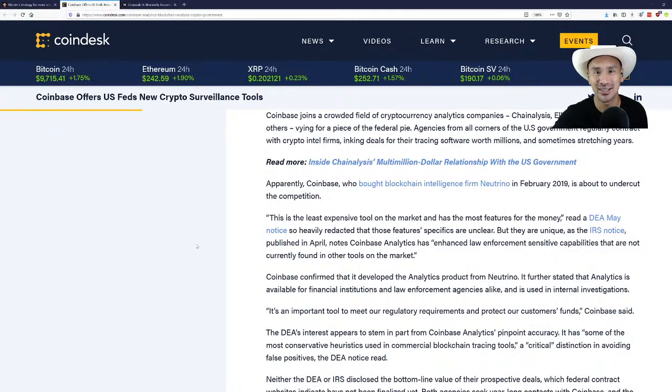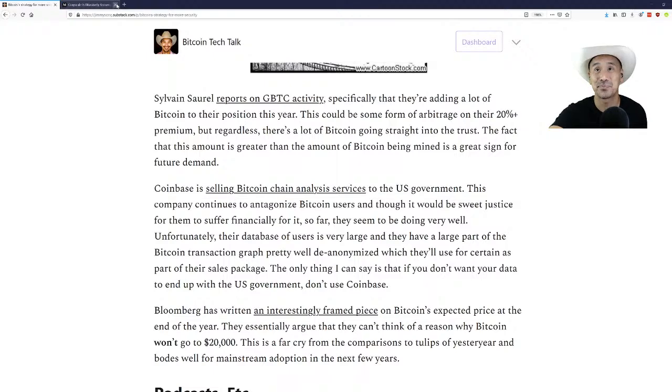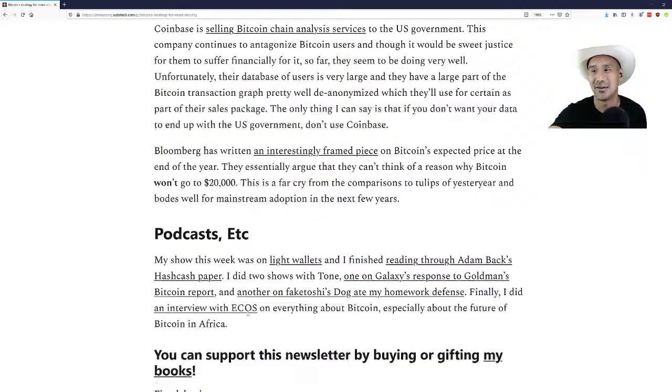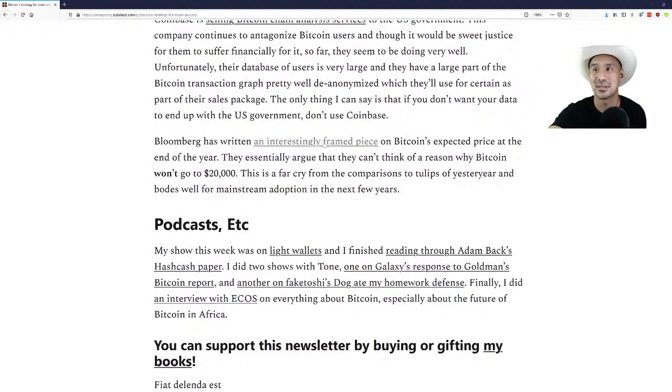I can understand giving them data on that, but proactively offering services, the only way that works is if there's a lot of people depositing into Coinbase. That means that the less people do business with Coinbase, the better it'll be for everyone else's privacy. So I think it's in everyone's interest to not use Coinbase, essentially.